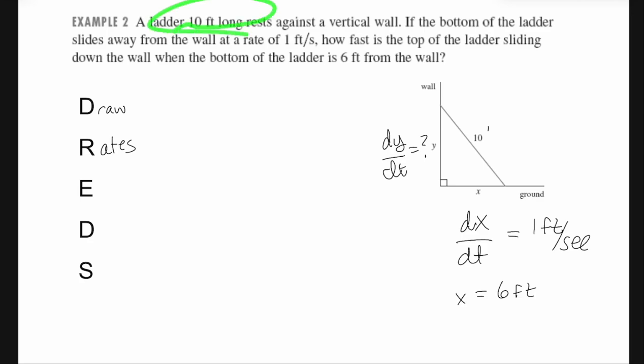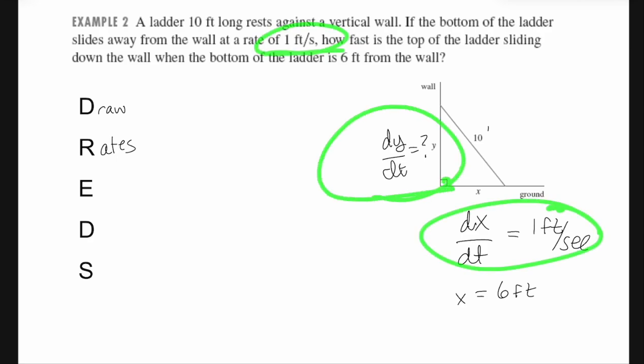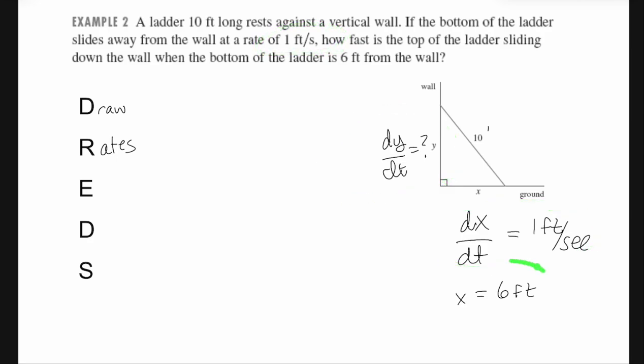We have pulled out the ladder's height. We've drawn our picture. We've found our rates, the one they gave us and the one we're looking for. We know the exact moment when that's happening. Just like before, we knew the radius was 25. Here, we know that distance from the wall is 6 feet. So now we need an equation.